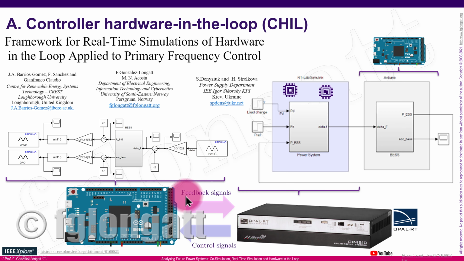And then we interchange signals between those. One of the signals, for instance, going from the real-time simulator to the Arduino board was the frequency, and then the power production and the state of charge of the battery were going back, okay?